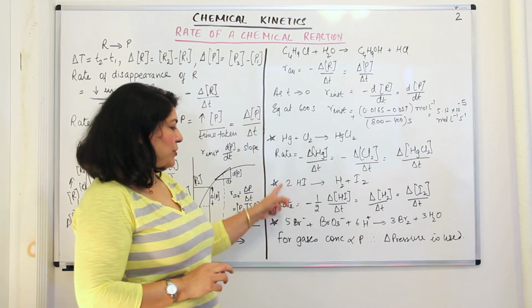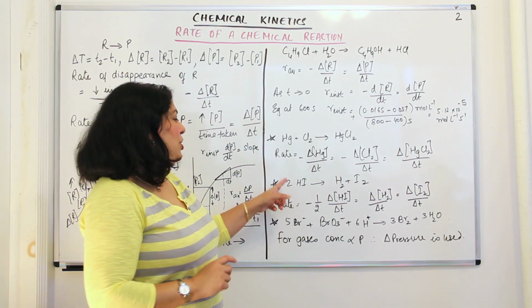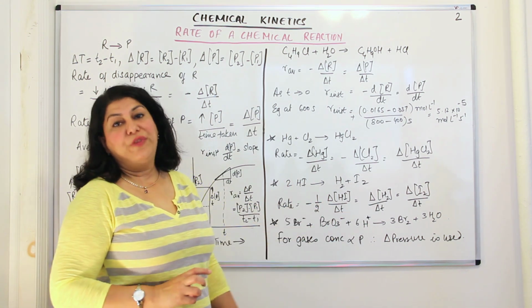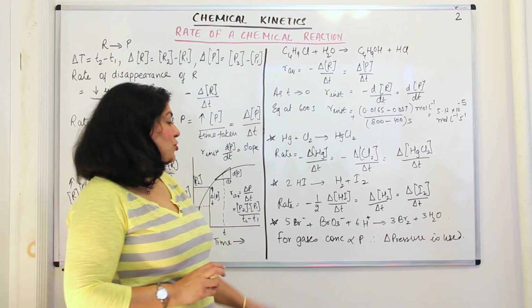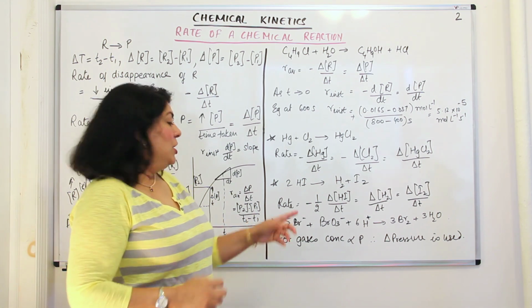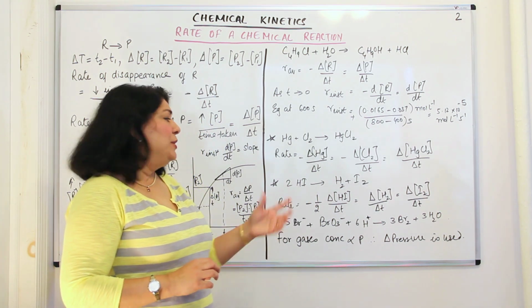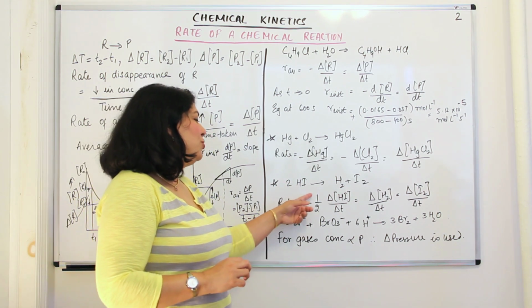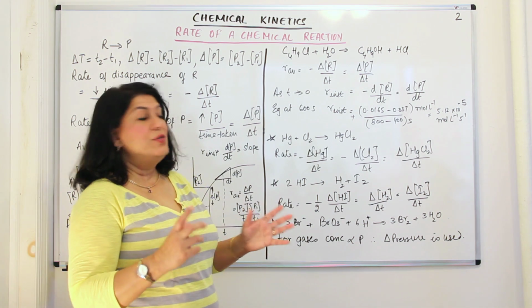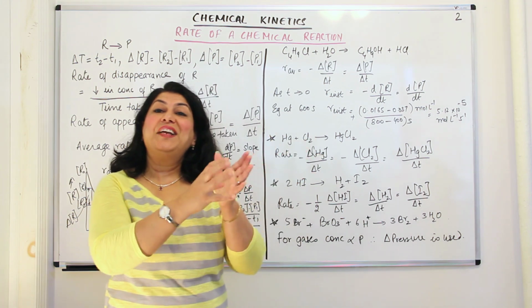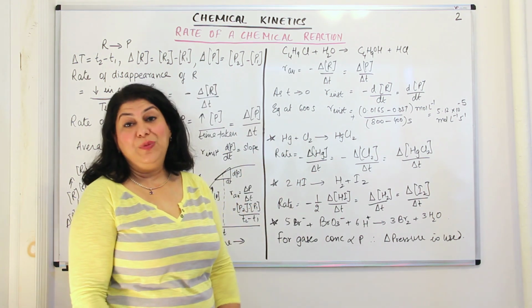Whenever you have a stoichiometric coefficient other than 1, you should divide the rate by that coefficient. So if 2 moles of HI are being used up, you will say 2 divided by 2 would be 1 mole. And then 1 mole of this, 1 mole of this, then the rate when you calculate it would be equal.